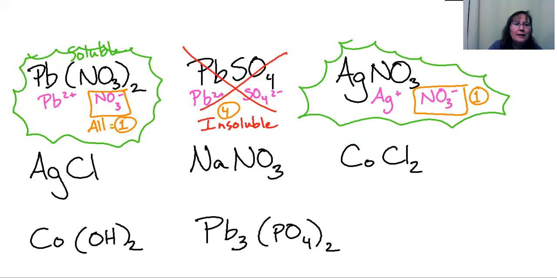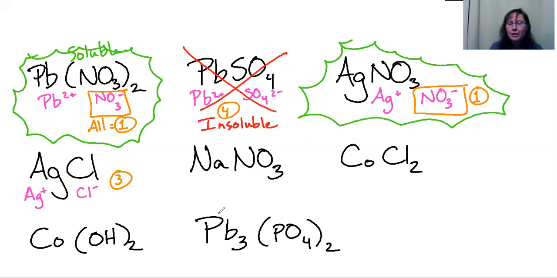Okay, but now let's take a look. Here we have silver chloride. Okay, Ag+ and Cl-. Now, if you look at rule number 3, rule number 3 says most chlorides, bromides, and iodide salts are soluble, except with silver, lead 2, and mercury 1. So hopefully you're seeing a trend here.